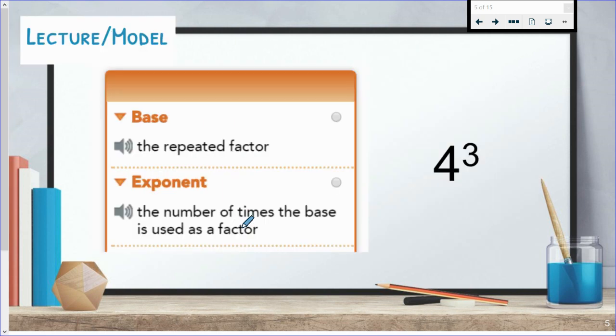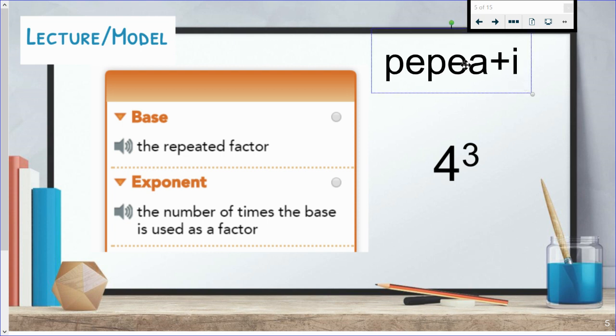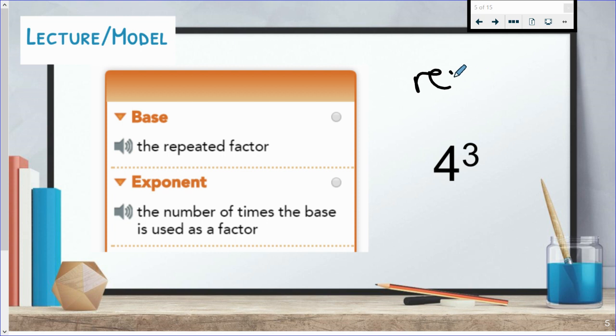Exponents are a way of repeating multiplication.